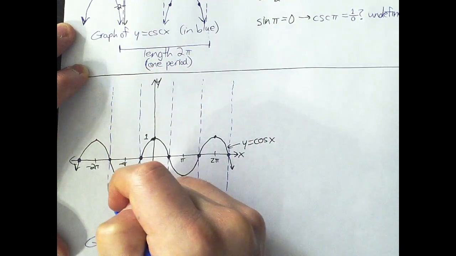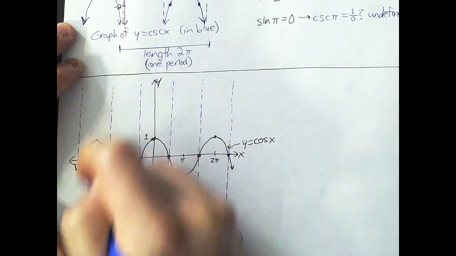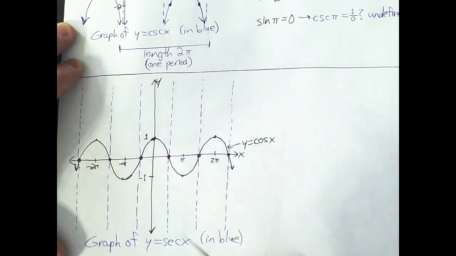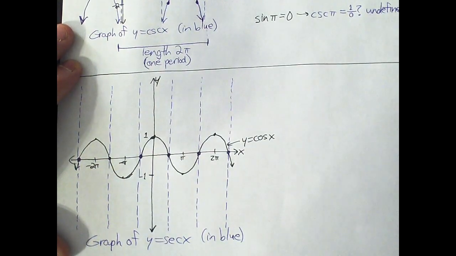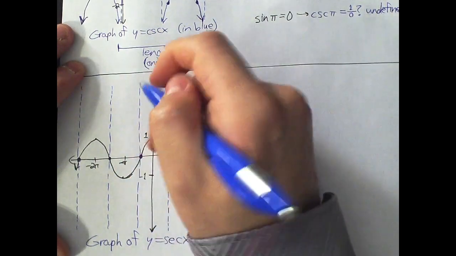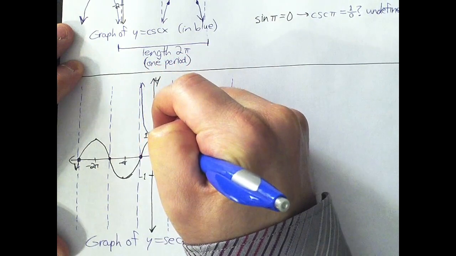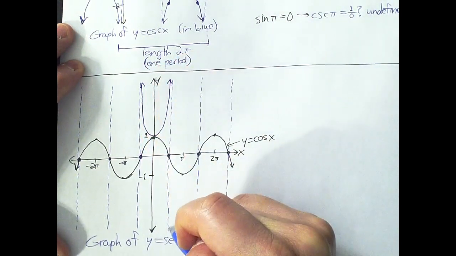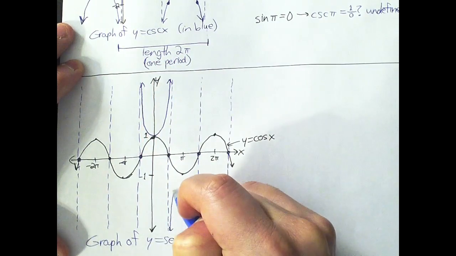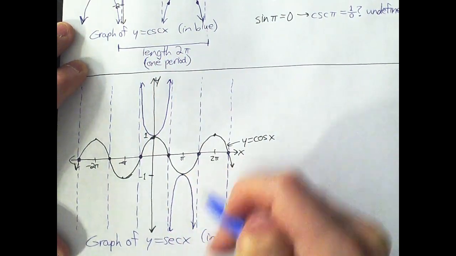Period is 2 pi. Okay, we drew a lot of these. Drew a lot of those, didn't we? It's similar to the graph that we drew above of cosecant. Now we're doing secant, and it is also going to have a similar shape where it approaches these asymptotes, and it kind of touches the graph of cosine at these individual points.